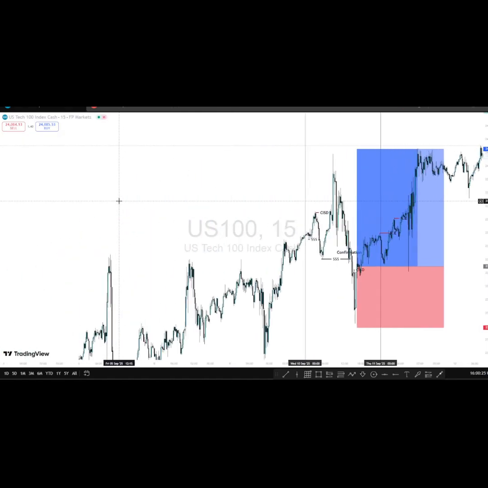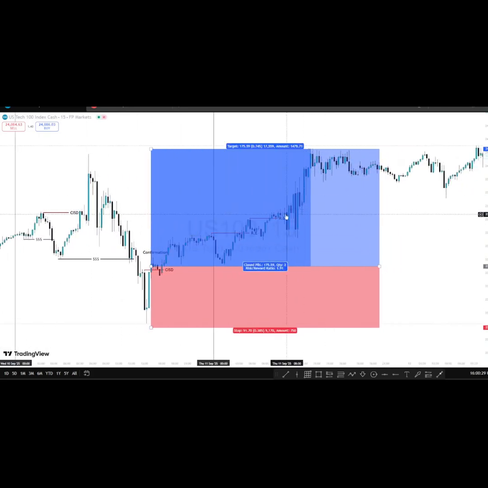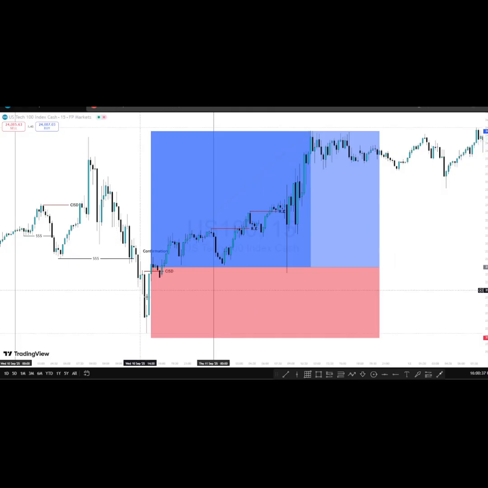Okay, so during CPI I did not move any. I should also have mentioned that where I took the first entry, we had this inverted or balanced price range, because we had this down close, then this up close, leaving that gap open, which becomes an inverted fair value gap.